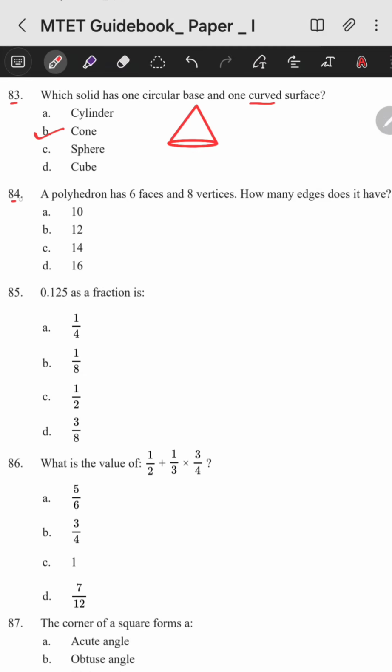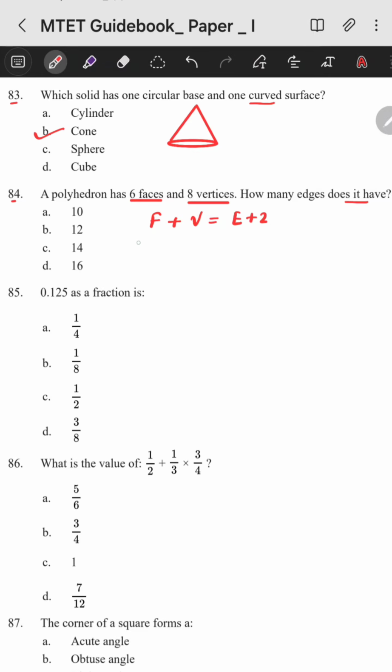Next question number 84, they ask here, a polygon has 6 faces, 8 vertices. How many edges does it have? There is a formula. That formula is faces plus vertices is equal to edges plus 2.